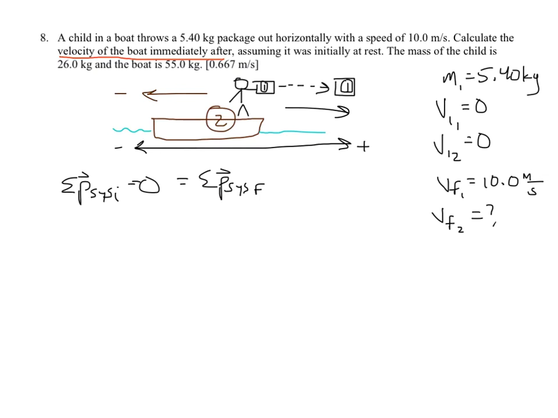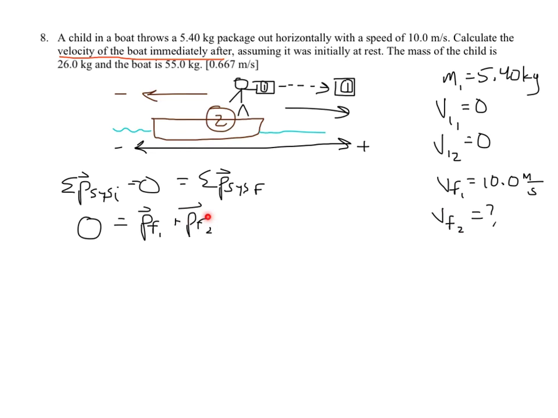So 0 equals the final momentum of the system. Well, that's going to be momentum final of 1 plus momentum final of object 2. We want to find the final velocity of 2, so we're going to get it all by itself.